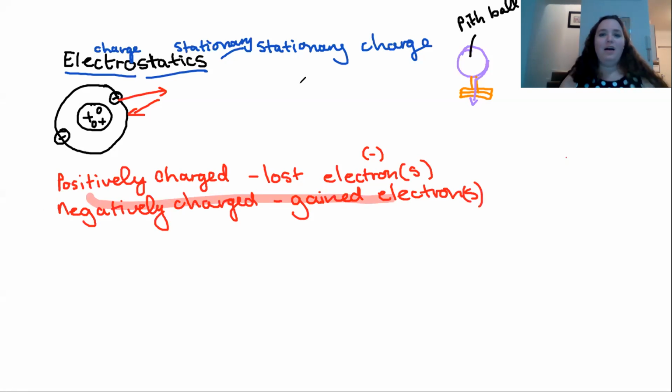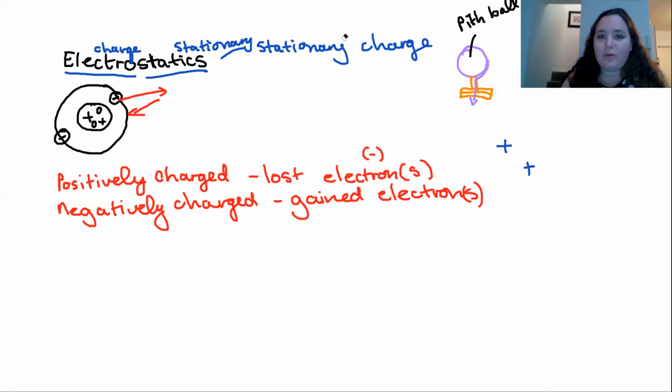Okay, from here I'm going to erase this. This is the last time. Here we go. So if something is positively charged, it's lost electrons. To give you an idea of how that works, a neutral object has an equal number of positives and negatives. If I take away electrons, the object or atom overall has a positive charge.